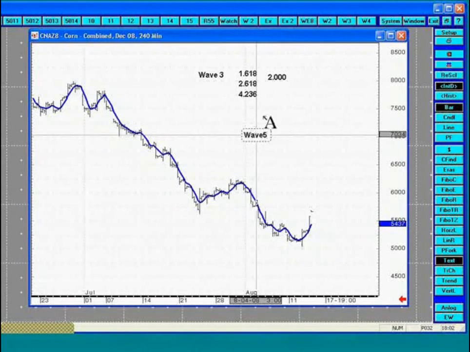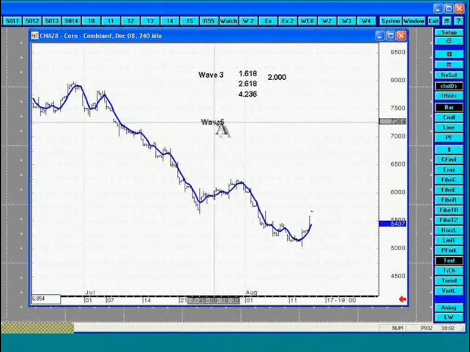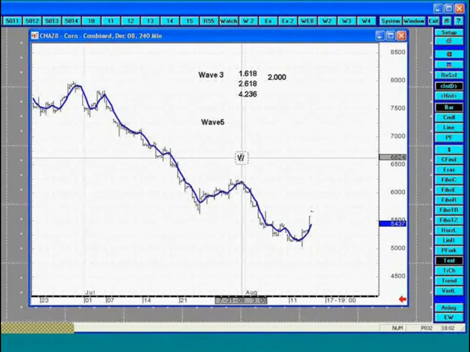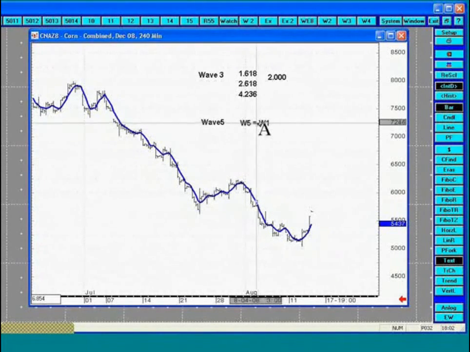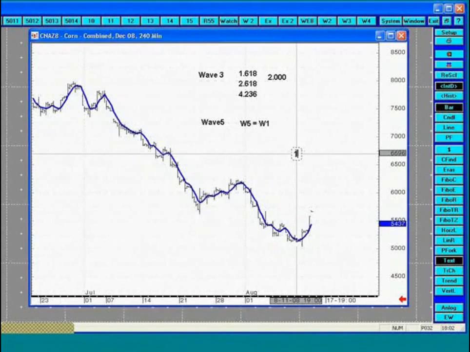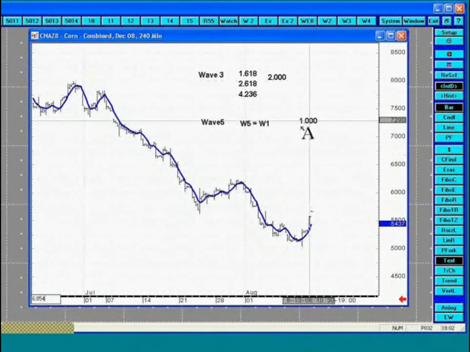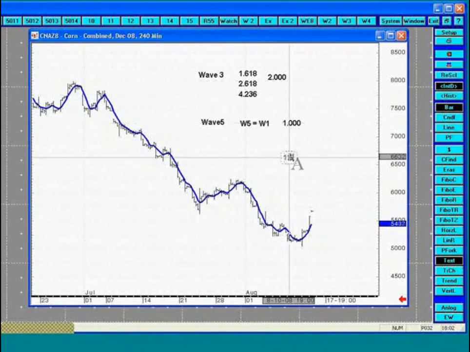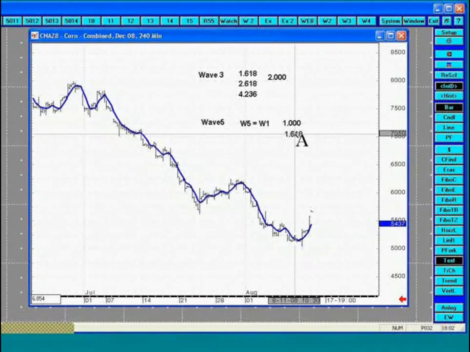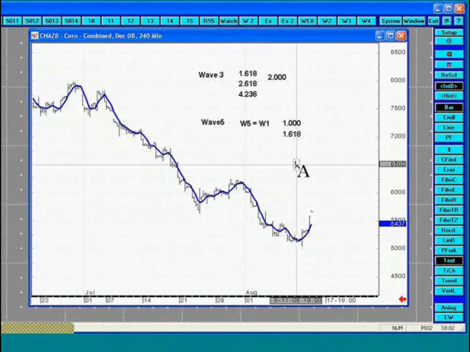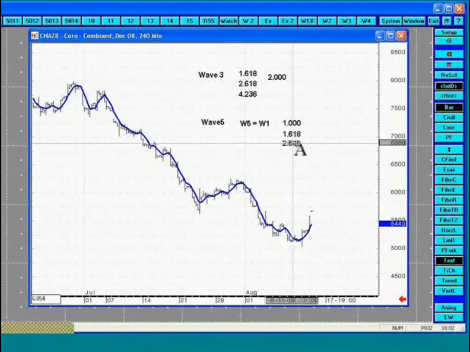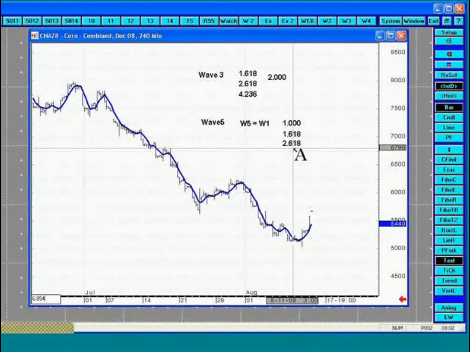For wave 5, typically what we'll see more often than not is wave 5 equals wave 1. That's the number 1, and that has to do with the guideline of wave equality. The next would be 1.618. Depending on the markets and the structures, you sometimes see a 2.618, meaning that wave 5 will equal a 2.618 multiple of wave 1.